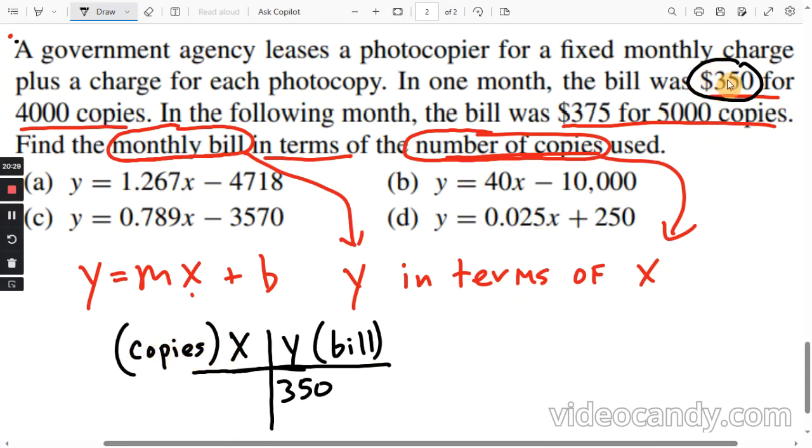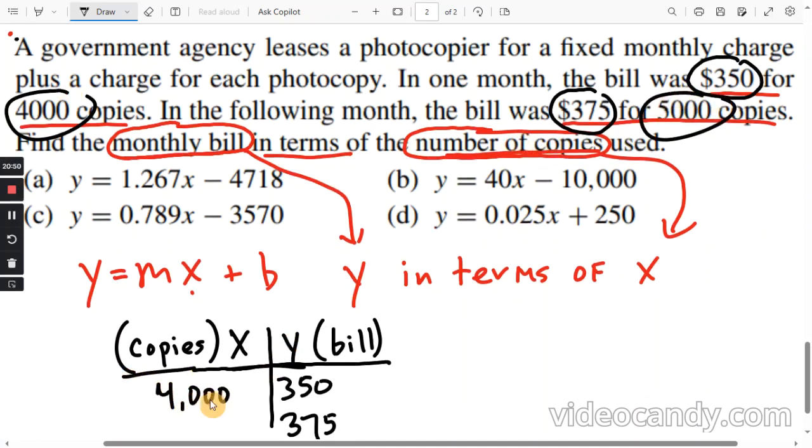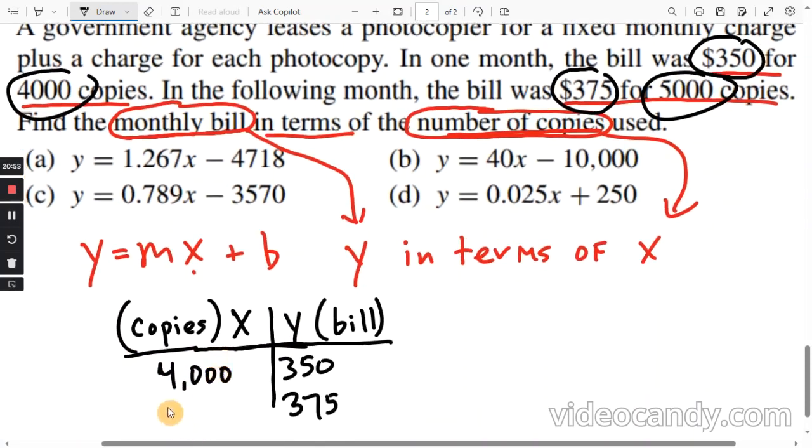So the first bill was $350. The second bill was $375. Now for the copies, the first one was 4,000. And the second one was 5,000. All right, so now we have 2 points and we can make a line.